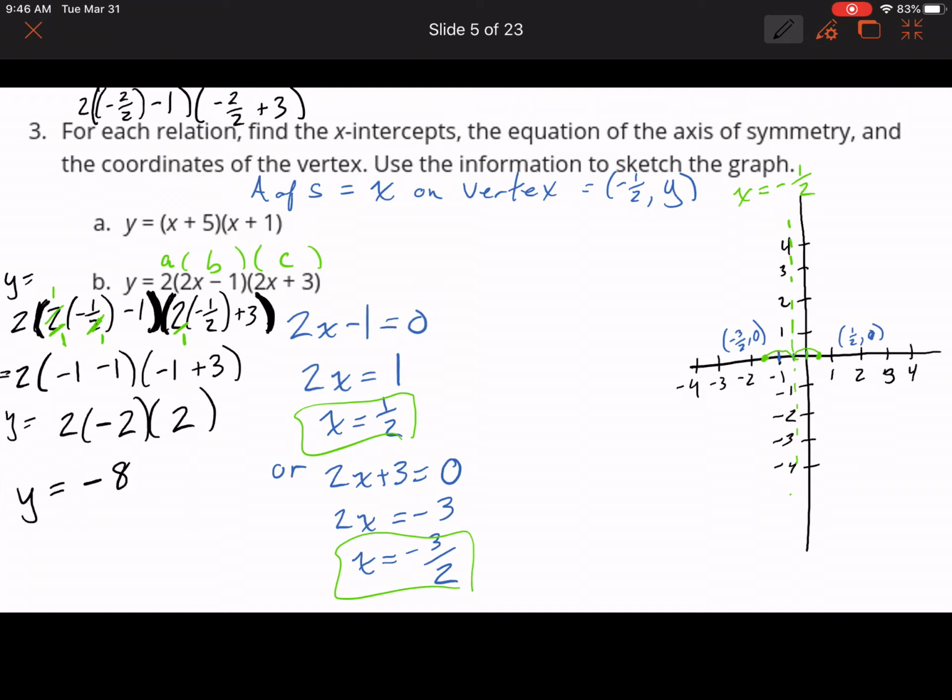So our vertex equals negative 1/2, negative 8. So negative 5, negative 6, negative 7, negative 8. Unfortunately, we're really close there. So negative 1/2, negative 8. And now we've got enough to draw it in.